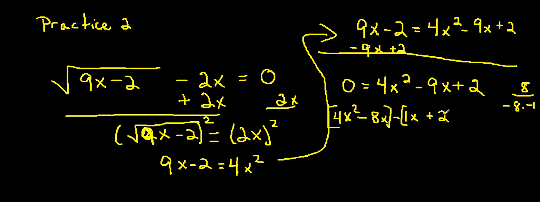Now I group them and factor away. On the left side, I take out a 4x, and what's left over is x minus 2. On the second group, this is minus, and I can take out a 1, and what's left is x minus 2.